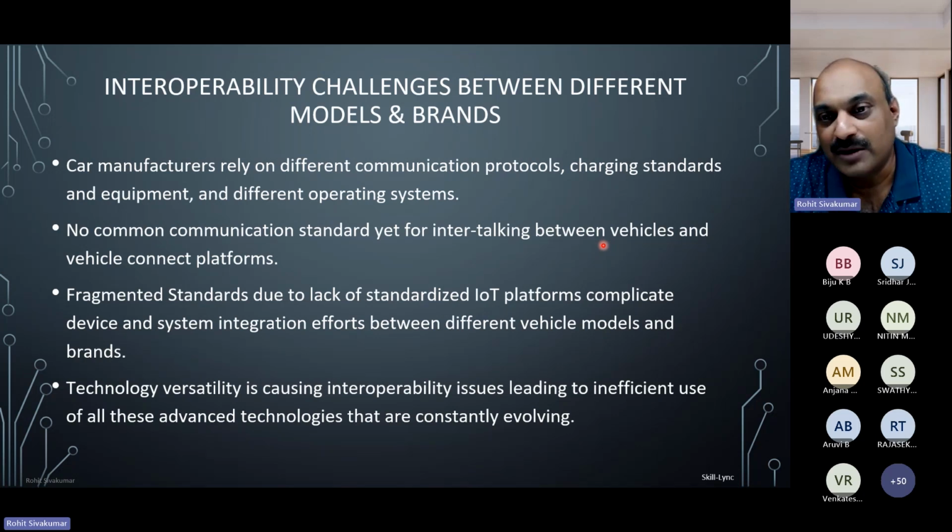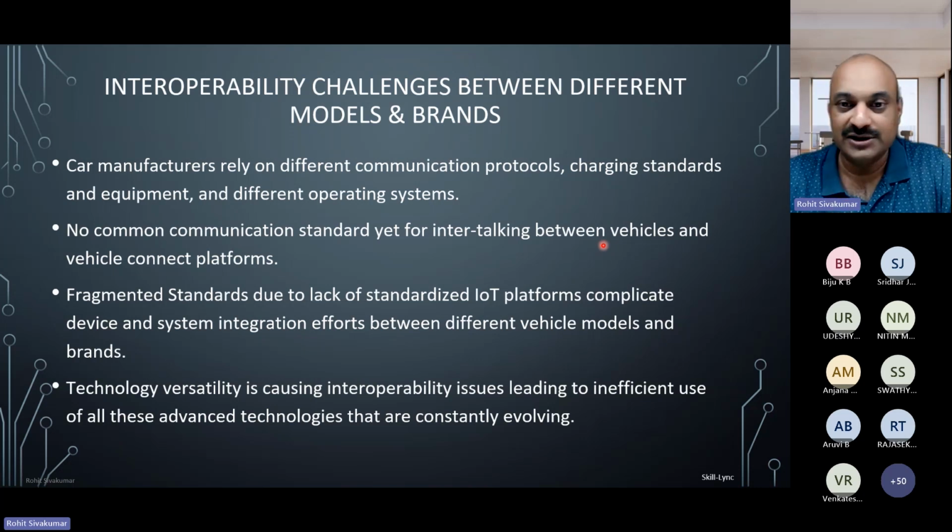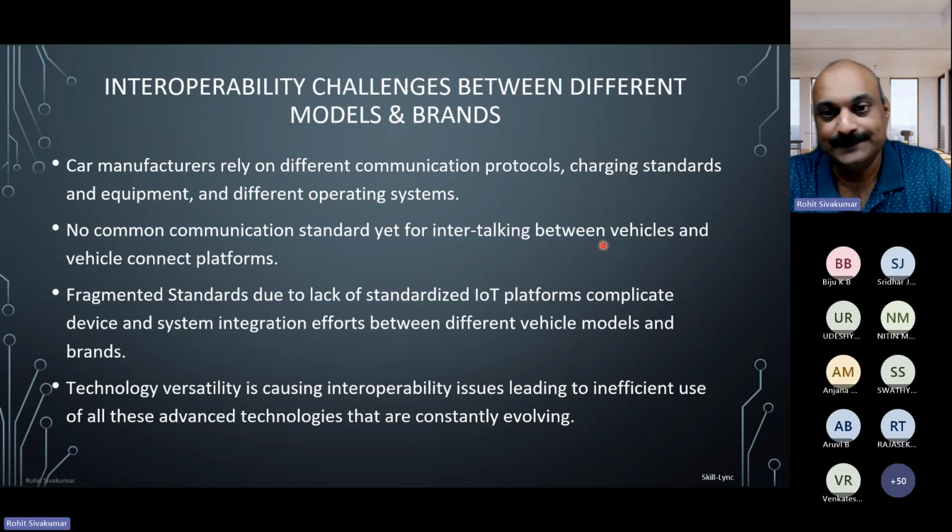If you're moving from one brand to another, your data is possibly not going to move. If you want your telematics data moved from one car brand's platform to another, it's a big challenge today, because there are no universal standards or universal interconnect platforms available. Each vendor has its own. Those are big challenges when you have technology versatility coming into the IoT space, especially in automotive.